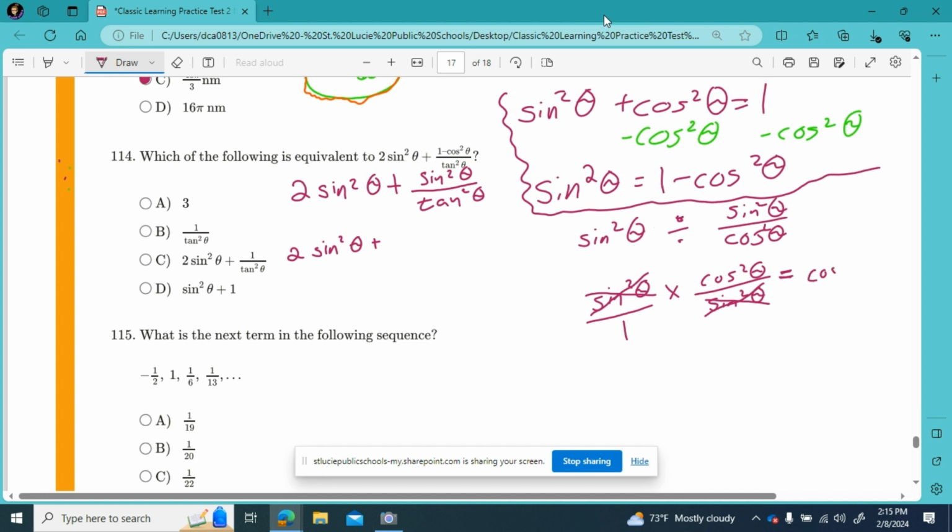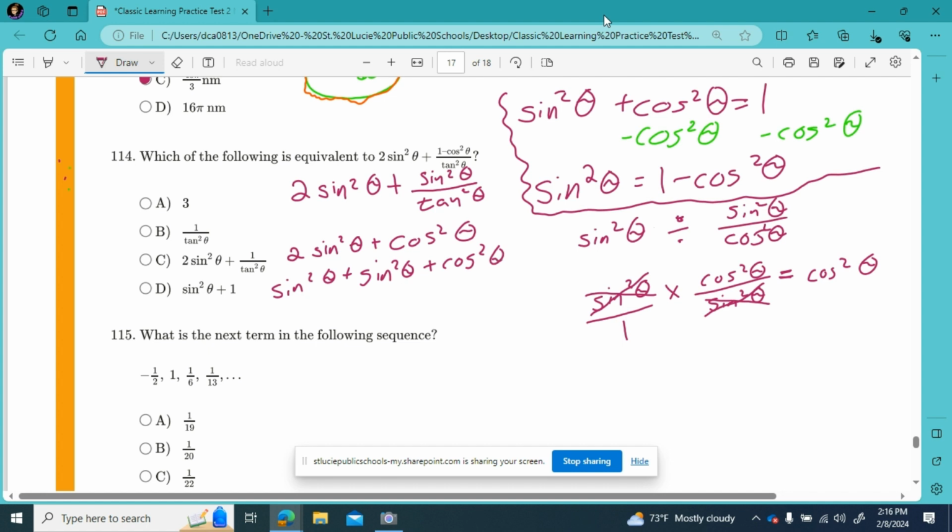So I'm going to write this: all of this simplifies just to cosine squared theta. And I want to start looking at my answer choices, and that's not there. But instead of writing out 2 sine squared theta, can I just call that sine squared theta plus sine squared theta, plus cosine squared theta, right?